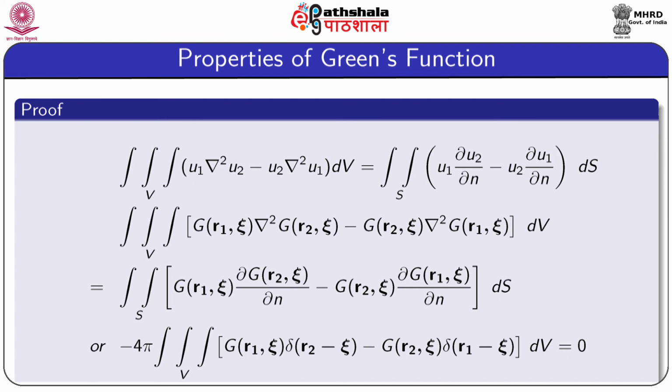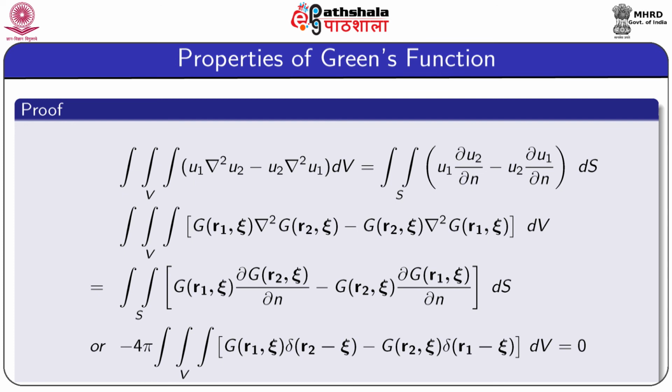Those values are substituted in the next step, and if you see the right hand side, the surface integral which you can see in this slide, its value is 0 on S, because by assumption G(R1, xi) is equal to 0 on S and G(R2, xi) is equal to 0 on S. Therefore, this relation becomes volume integral of G(R1, xi) into delta(R2 minus xi).